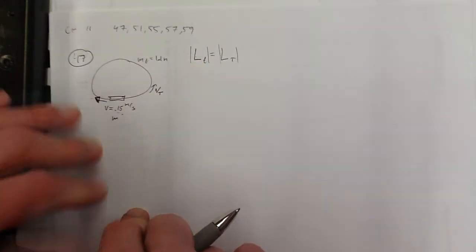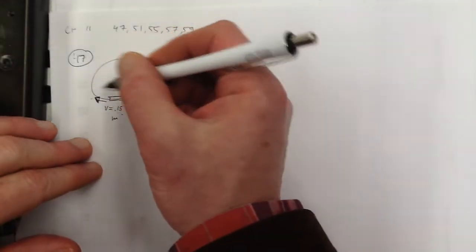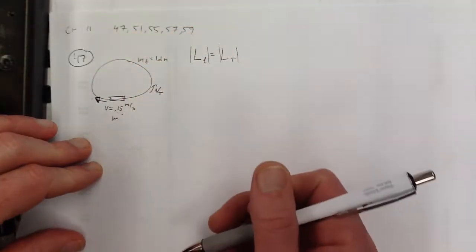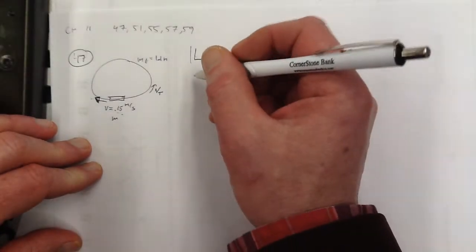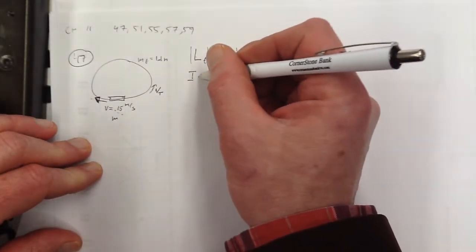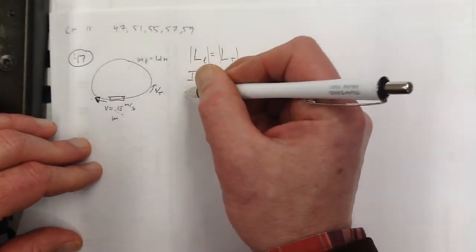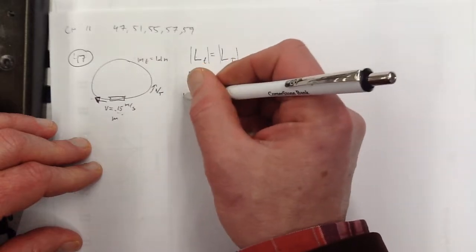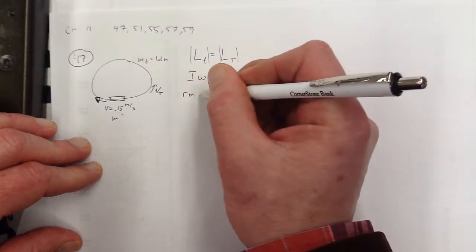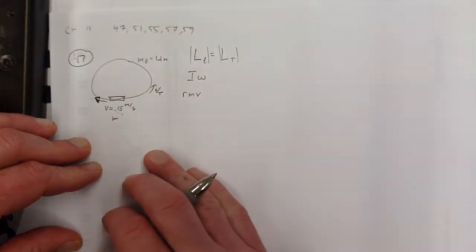So what's the angular momentum of the train? There's two ways you can imagine. The train is kind of like a little piece of a hoop with rotational inertia mr squared, so you could do an I omega thing. Or you could say, well, the train's kind of smallish relative to the track, so you could do r m v sine theta, where sine theta is just going to be 1.